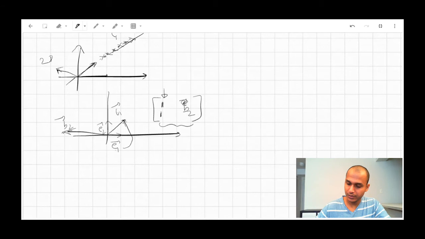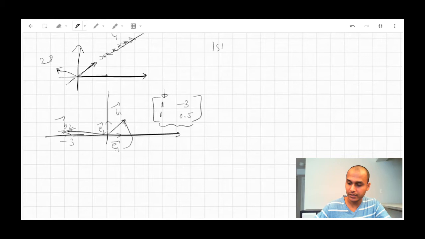Similarly, B2 looks like it's somewhere around -3 and maybe 0.5. So this is a representation of B2, which is a basis in the second coordinate system, but its representation in the first coordinate system is this. So this is a transformation which can transform my current basis to a new basis, but this basis is only represented in the first coordinate system.